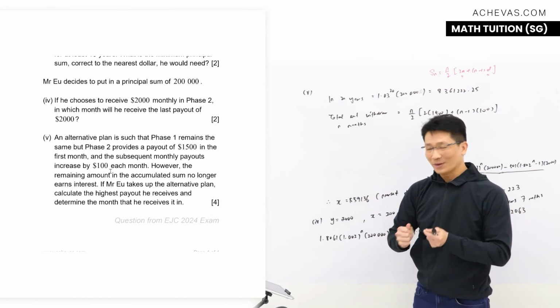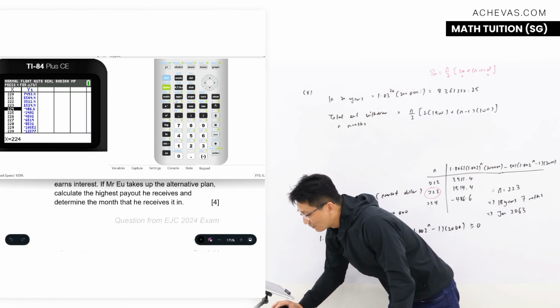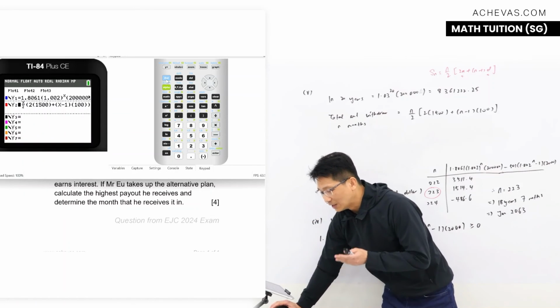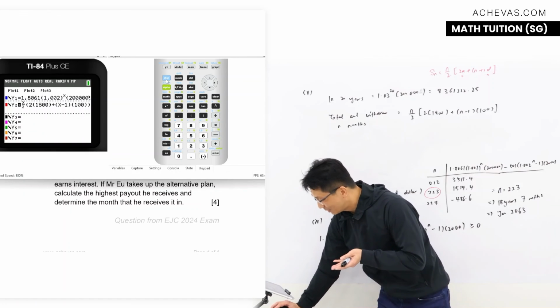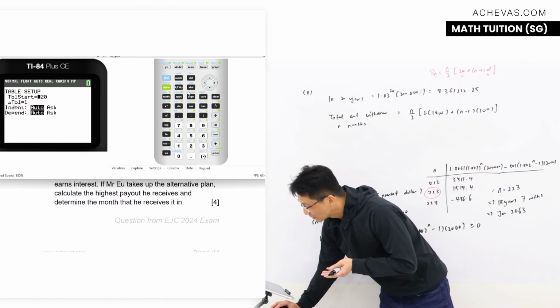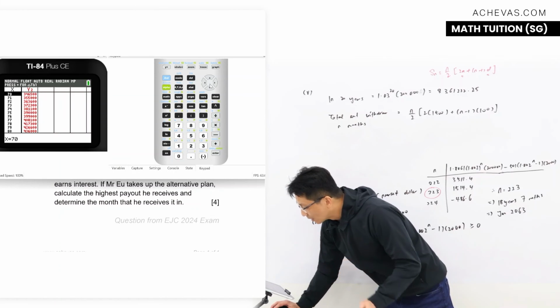So again, I think the best way of doing this is to use our GC. I've already keyed in the equation. Let me just uncheck the first one. This is the second equation that I need. Again, the unknown that I'm trying to find is an integer, so I'm going to make use of our table. Second graph. I'm going to change the window settings to perhaps around 70.